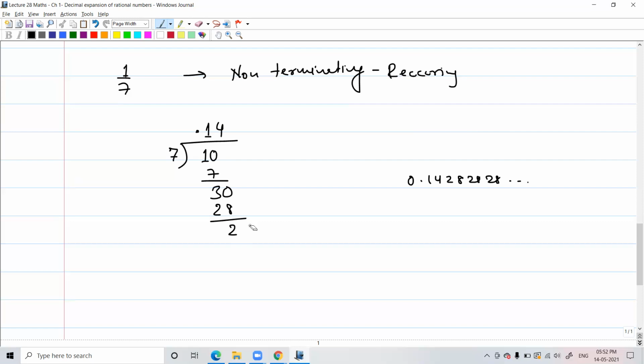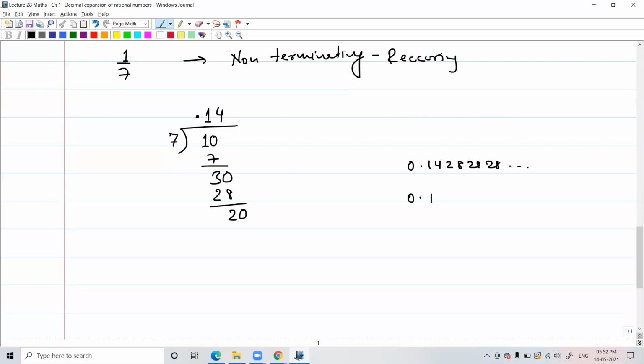Yes, tell me. It's not coming 2828. It's coming 0.14285714. Okay, let's see. Sir, I also got the same. Deep, confirm me, what was your answer? 0.14285714, like this.